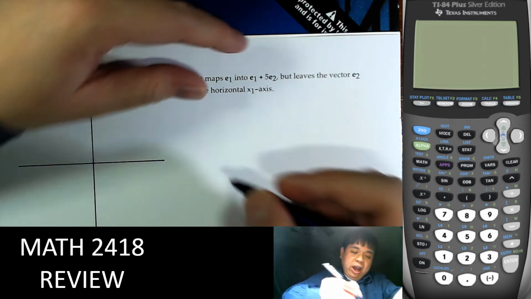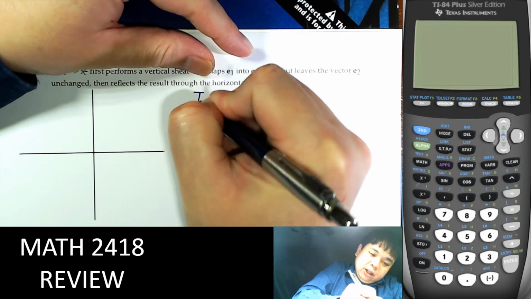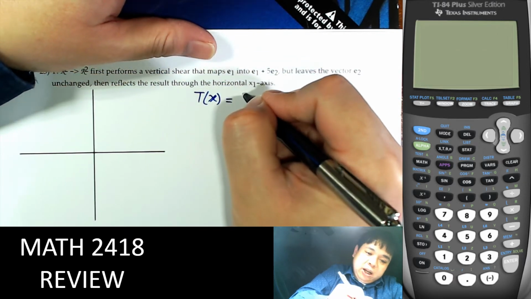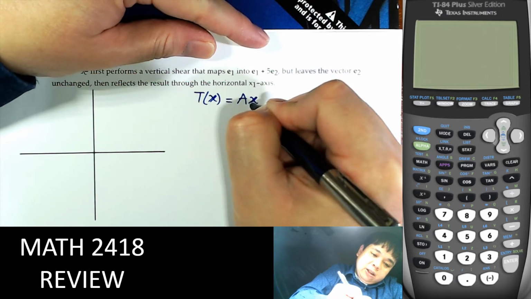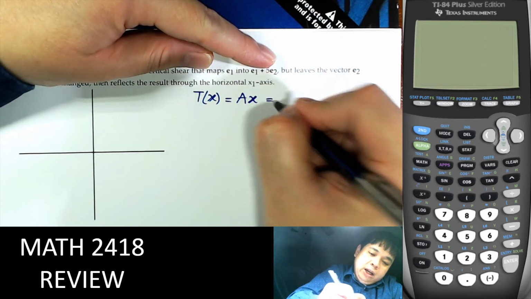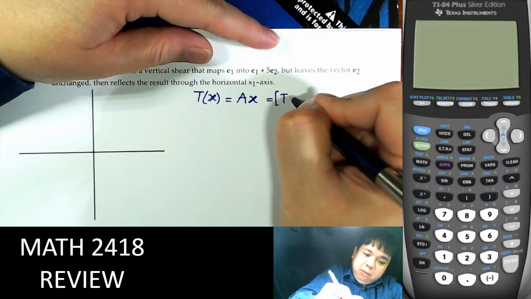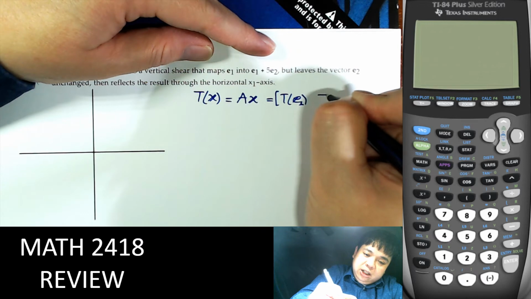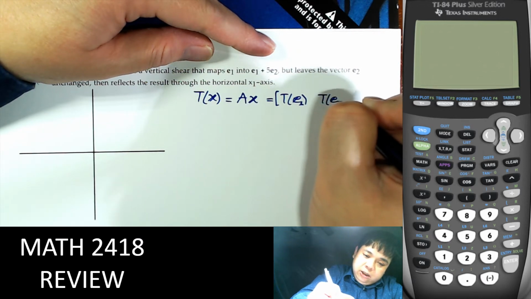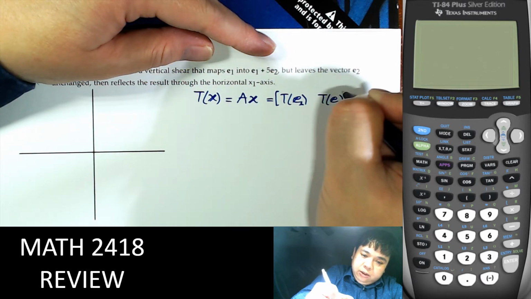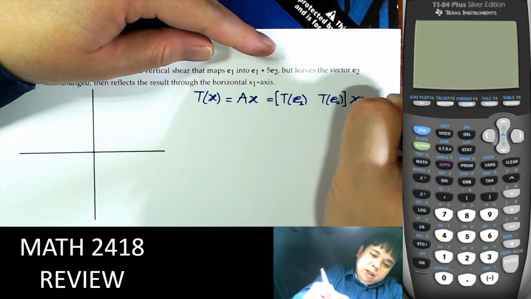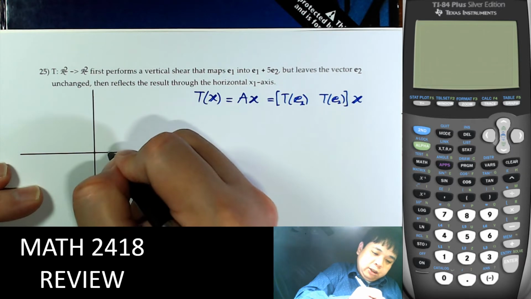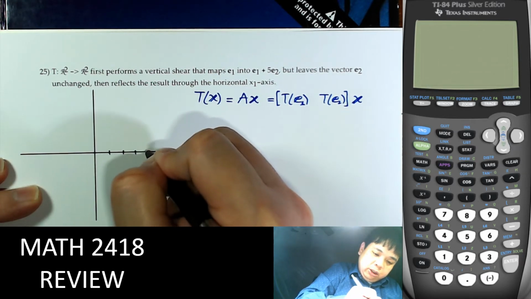Once again, the transformation will equal the standard matrix A times the vector x, where A is the transformation applied to the columns of the identity matrix, times x.